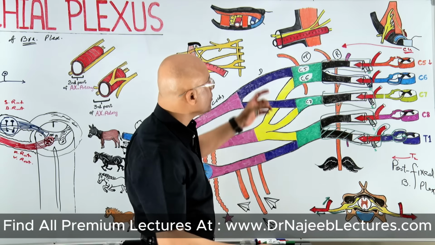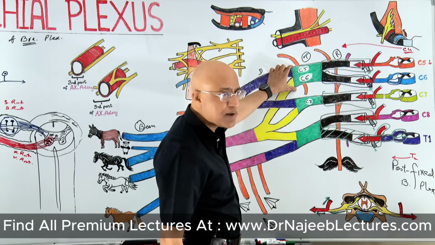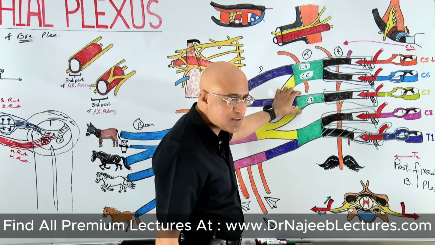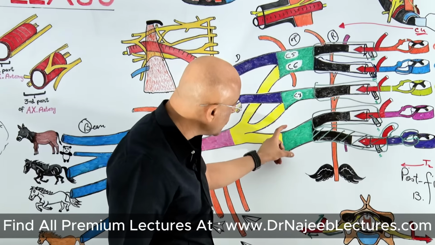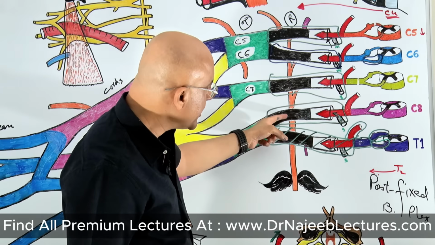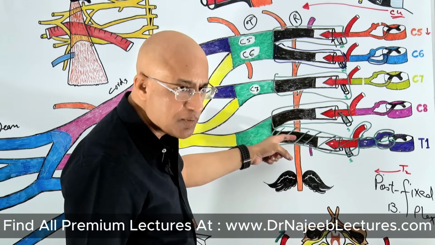So what is the root value of upper trunk? C5 and C6. And what is the root value of middle trunk? C7. And now we are left with these two roots, C8 root and T1 root.